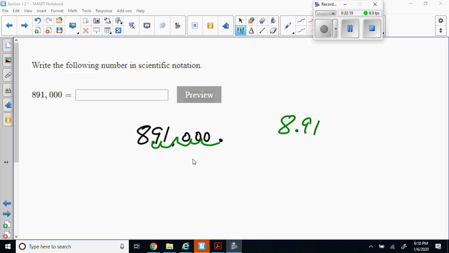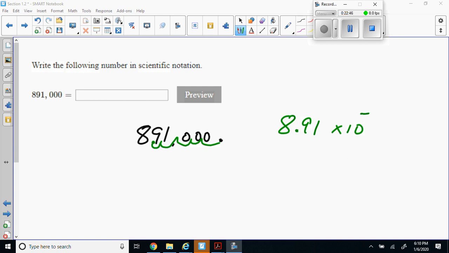It starts with 8. So times 10 to the... Now listen, you see these little jumps? How many did I make? 5. If you don't do that simple little thing, you'll miscount. Now, what did I start with? A big number. What did I end up with?